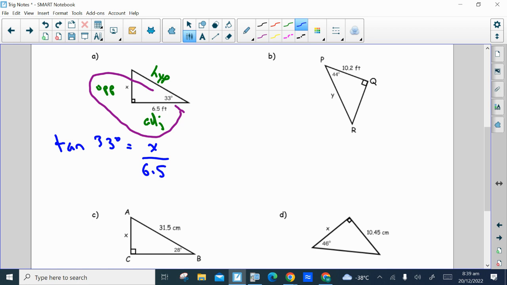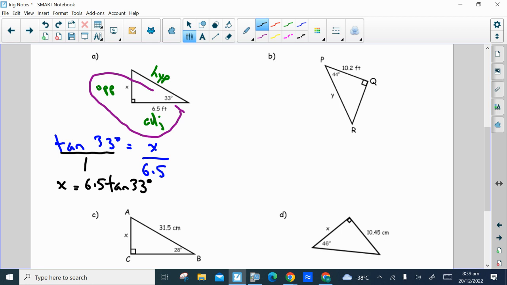So they must be in this order. And then what we've been doing is we've been making both sides a fraction and then cross multiplying. 1 times x equals 6.5 times the tangent of 33 degrees.